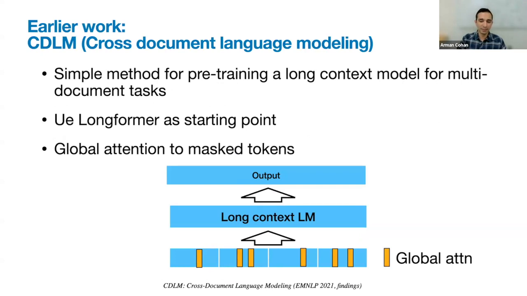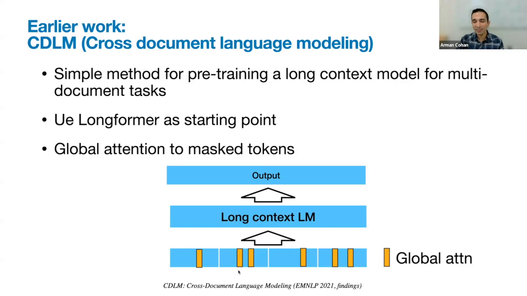So this was a very simple trick. If you're familiar with Longformer, for example, or BigBird, or this type of long transformers, usually you have different types of attention, like a global attention and a local attention. So we showed that in a multi-document setting, when you concatenate these documents together, if you assign global attention to mask tokens and you do the unmasking objective, then the model becomes better at multi-document tasks.